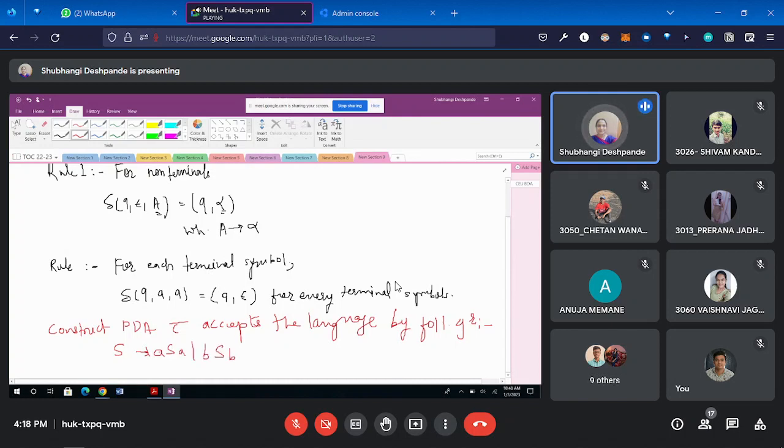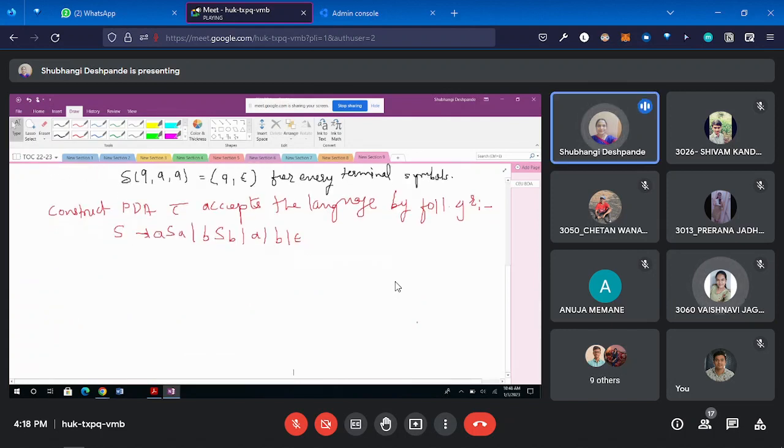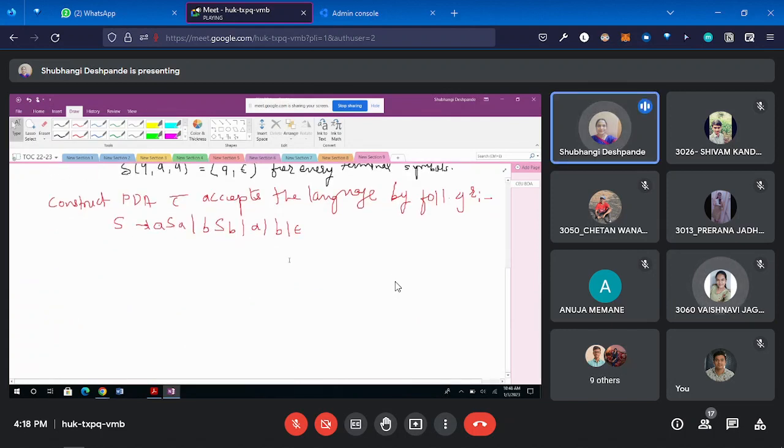Can anybody tell which grammar it is? Which CFG? What is the language for this? Palindrome. Yes, it is a palindrome. Now we are trying to convert the given CFG to PDA. That is our task.